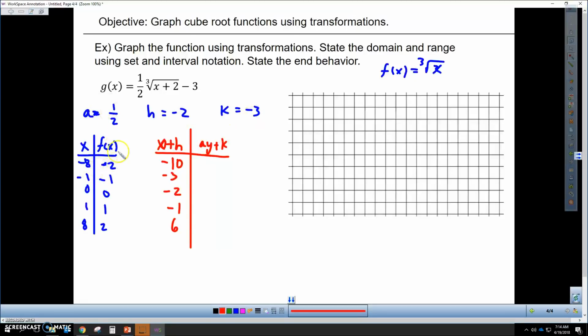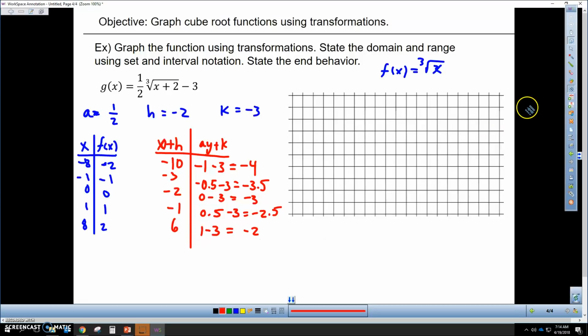So -2 times 1/2 is -1, minus 3 is -4. -1, half of that is -0.5, take away 3 is -3.5. 0 times 1/2 is 0, take away 3 is -3. 1/2 of 1 is 0.5, take away 3 is -2.5. And 1/2 of 2 is 1, take away 3 is -2.